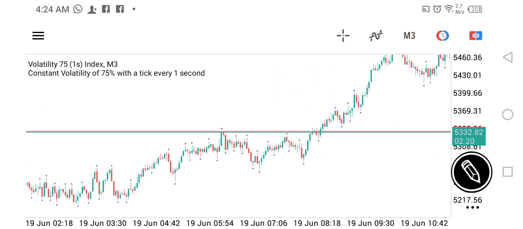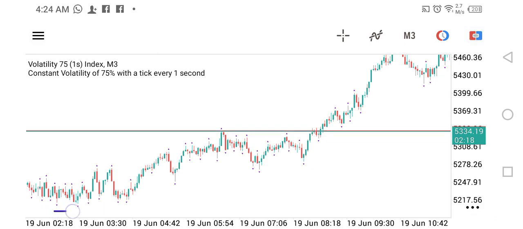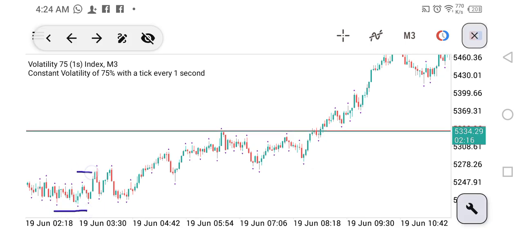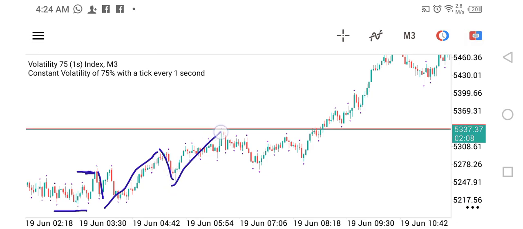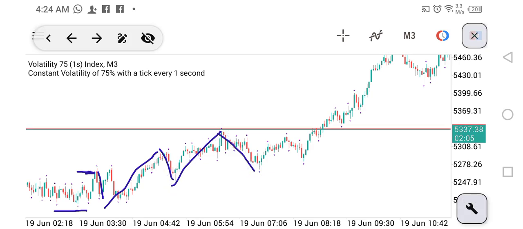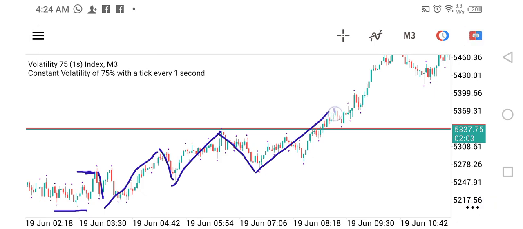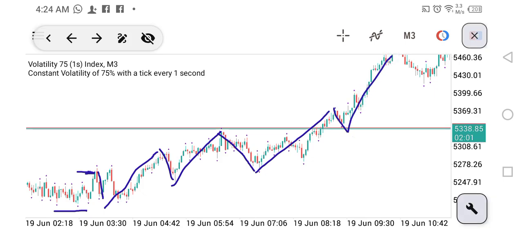Okay, so look at what price did here. We have this low point here, and then price moved all the way to this point, then retraced a bit and continued like so. Retracement, continuation, retracement, continuation, like that. This is just an upward movement of price and it is called an uptrend, right?